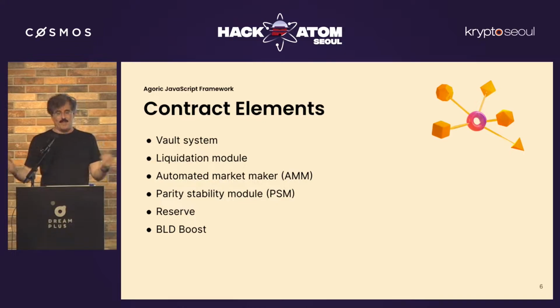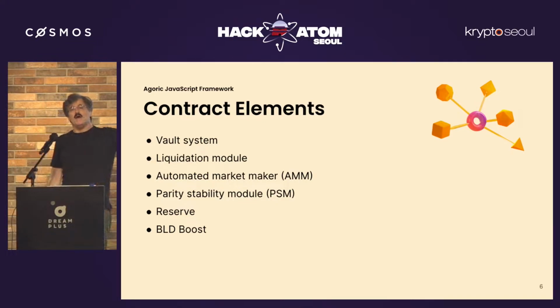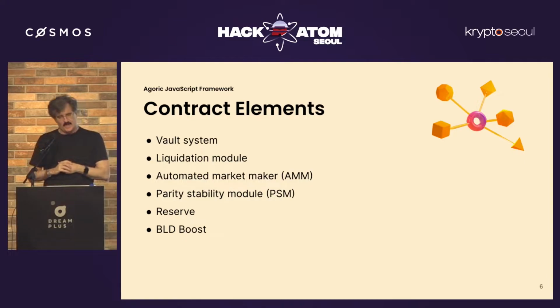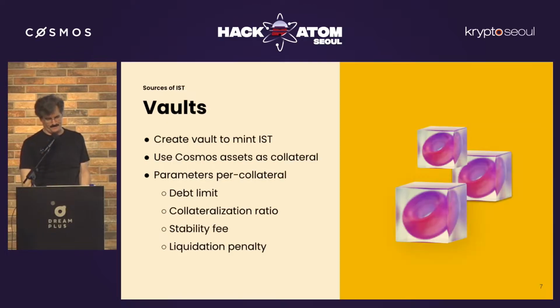There's a native AMM on the platform. There's a Parity stability module, so you can take an existing reference coin like USDC and trade it into IST. There's the reserve for providing a backing reserve to cover shortfalls, and finally there's some integration for the Agoric chain itself, and we'll talk some about each of those.